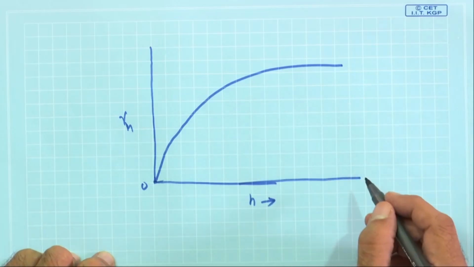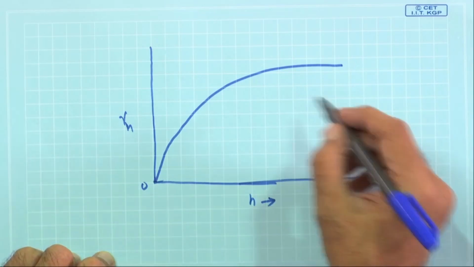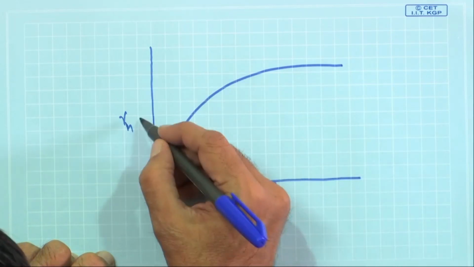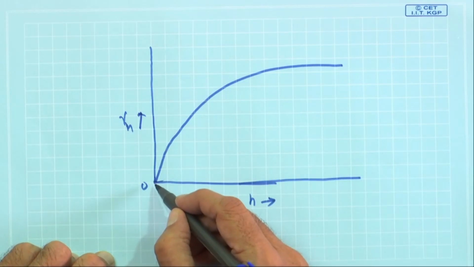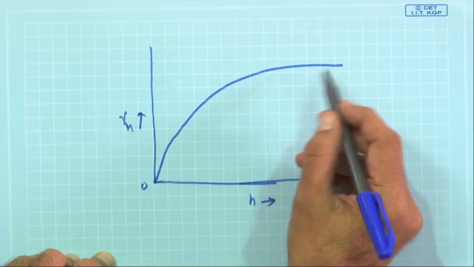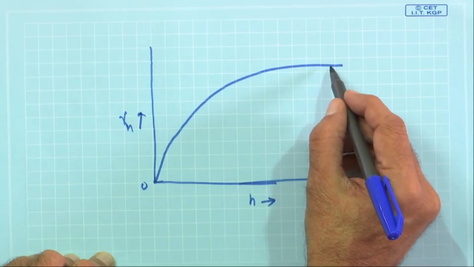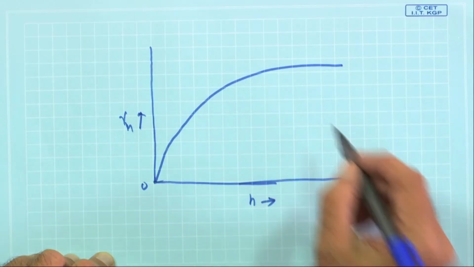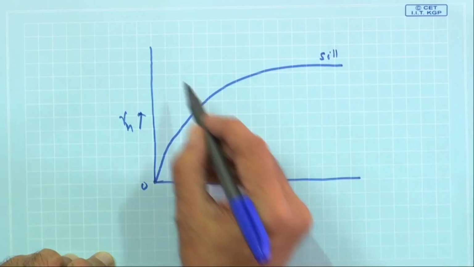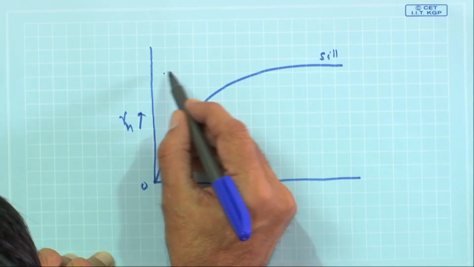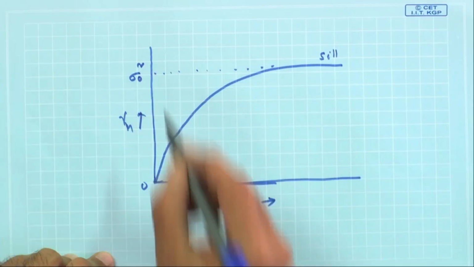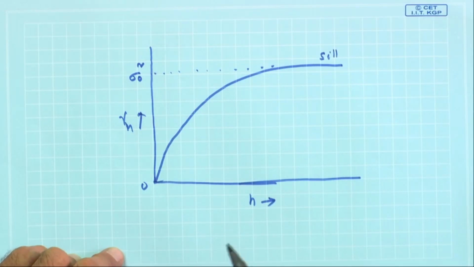We will now discuss the type of regionalized variable where the value of gamma h starts from a value of 0 at the origin, then goes on increasing and attains a certain value, after which it becomes flat or parallel to the x axis, at which point it is called the sill, and the value corresponding to the sill is actually sigma 0 squared.